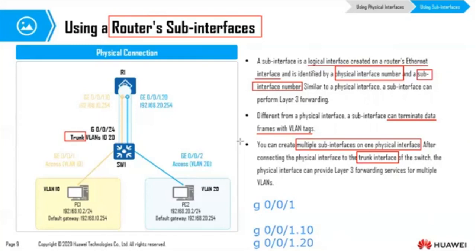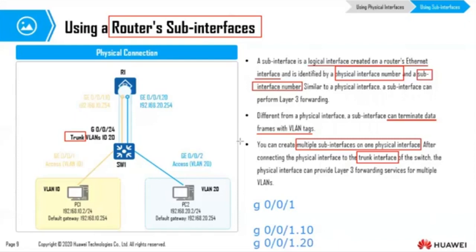That we configured those as access, because layer 3 interfaces cannot process VLAN tags, so we were configuring it as access so that it can remove the tag before forwarding the packet to the layer 3 physical interface. So that's why we were configuring it as an access interface.